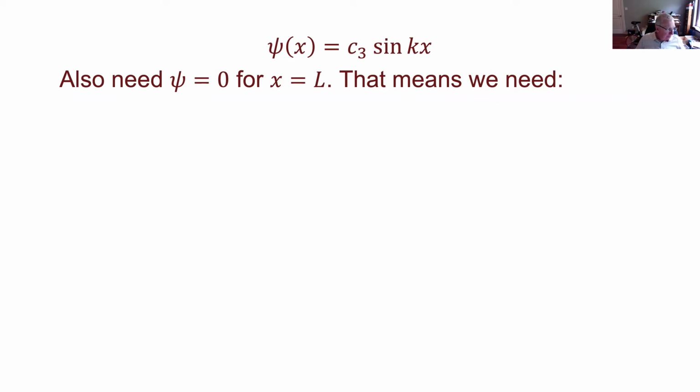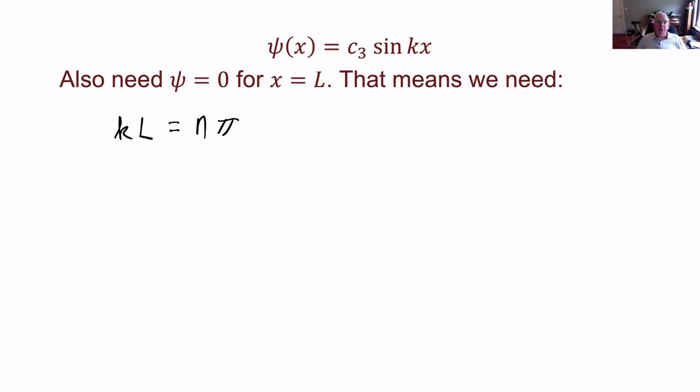So in order for this to go to 0 at L, I need the sine function to go to 0. That means I need kx, when x is equal to L, so KL, to be equal to n pi. If KL is an integer multiple of pi, then sine of KL will go to 0.